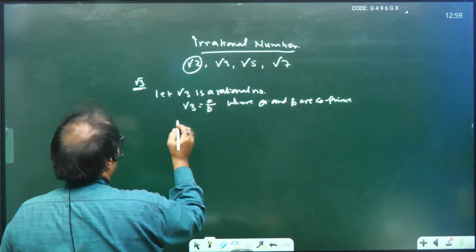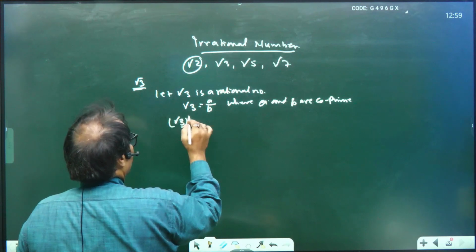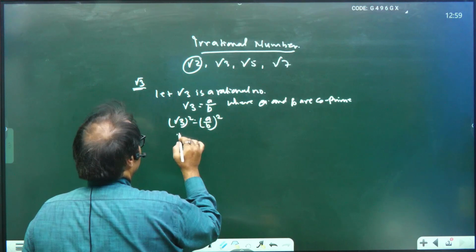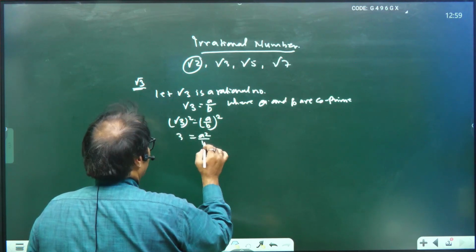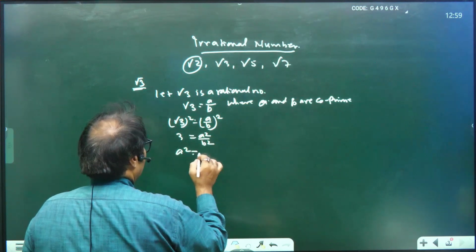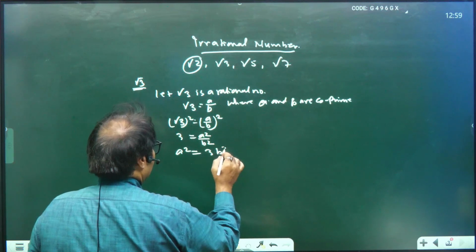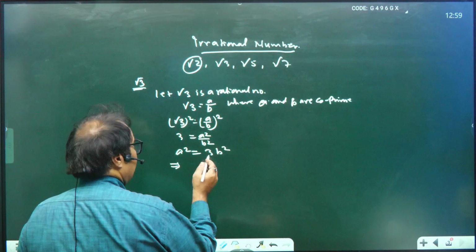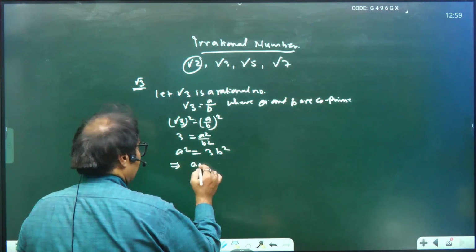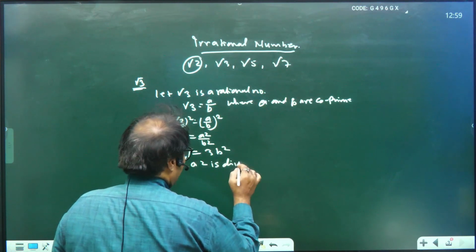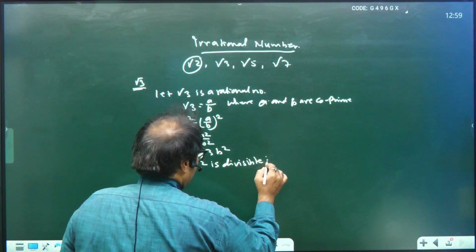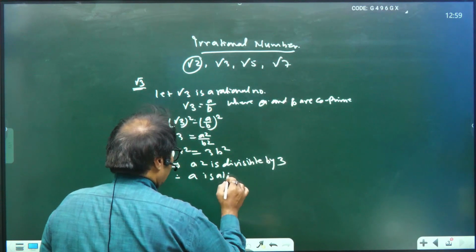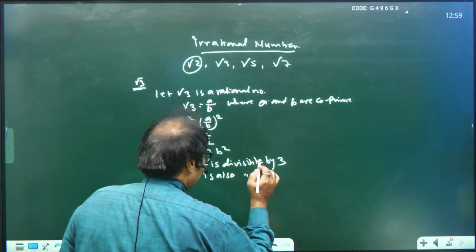Now squaring on both the sides, 3 is equal to a square by b square. So by cross multiplication, a square is equal to 3b square. It means that a square is divisible by 3. So therefore, a is also divisible by 3.